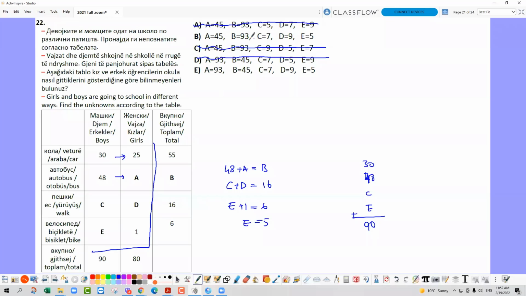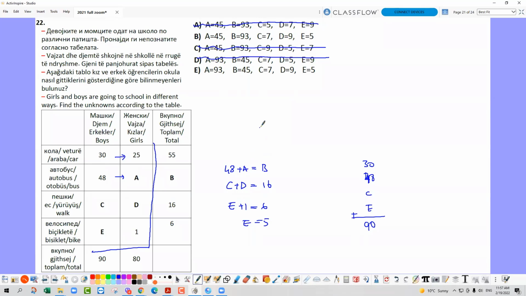So, as I see, almost all the numbers are the same, only A plus B makes the difference. Here, it is important that 48 plus A is equal to B, and one option we have is A equal to 45 or B equal to 45, both positive numbers. So 48 plus what makes B?